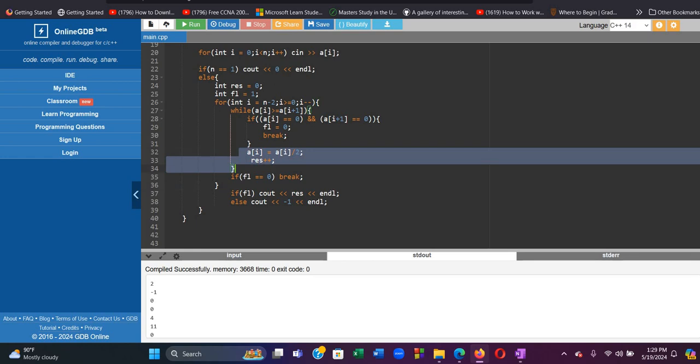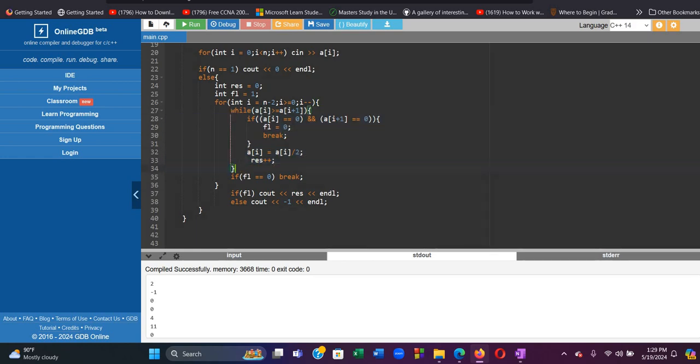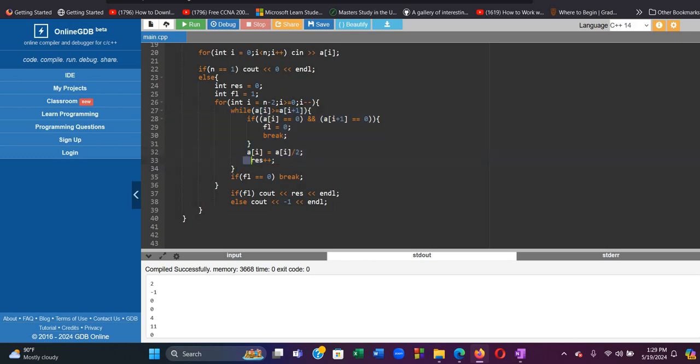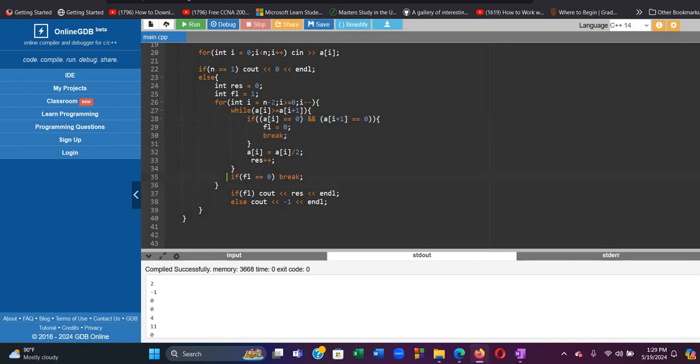And there you go. Until this condition is broken, I will just simply divide it by 2, and increase the number of operations. If at any point I see that this formation has already been displayed, then I would break simply, because there's no other way.